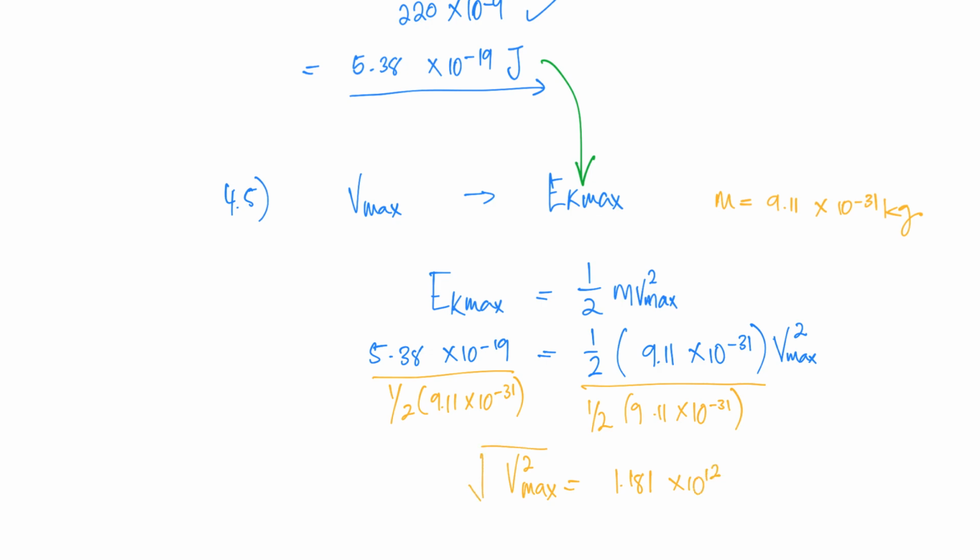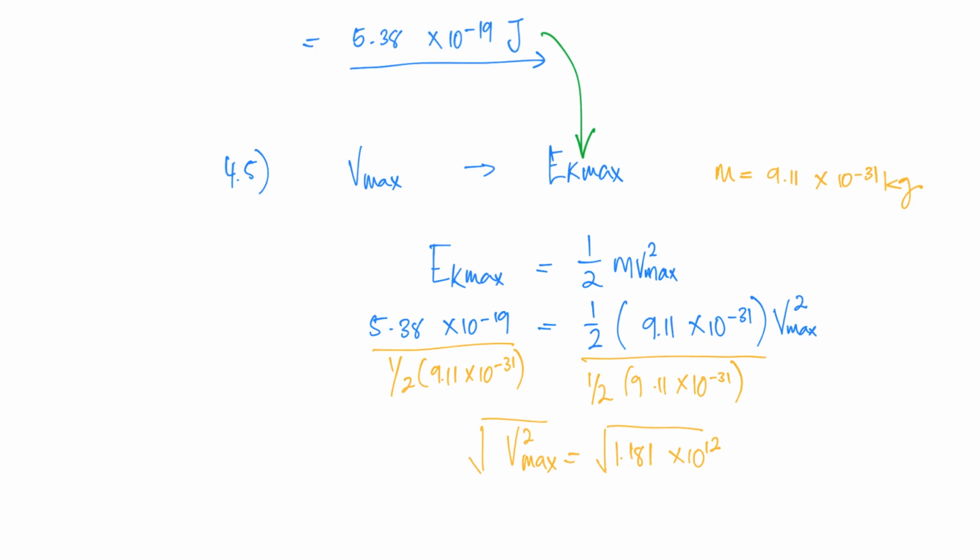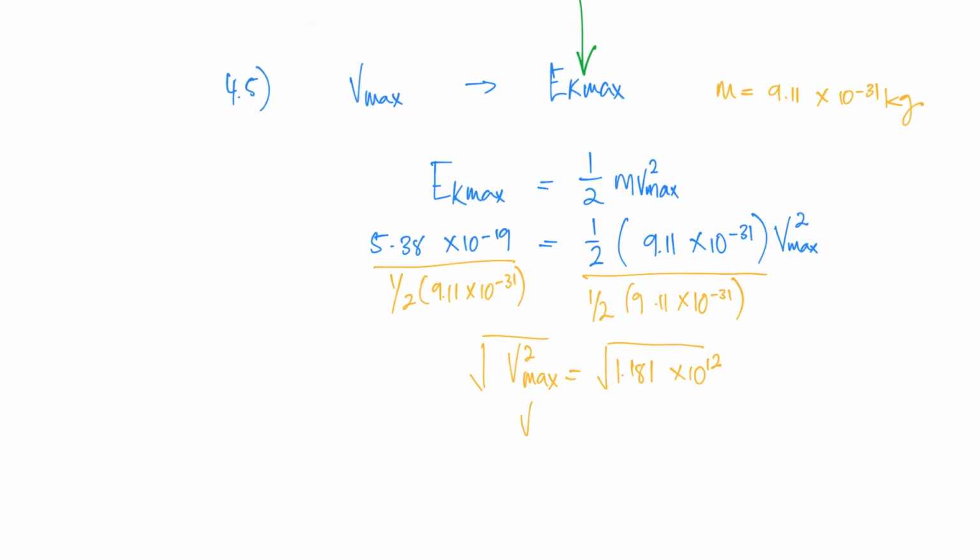And then both of those need to be square rooted. I'm going to end up with V max equal to 1.09 times 10 to the power of 6 meters per second in the direction of emission.